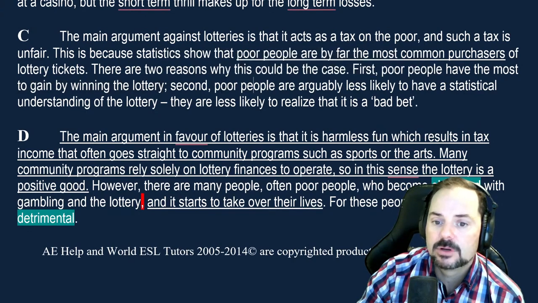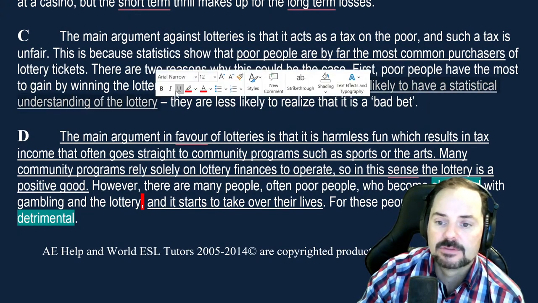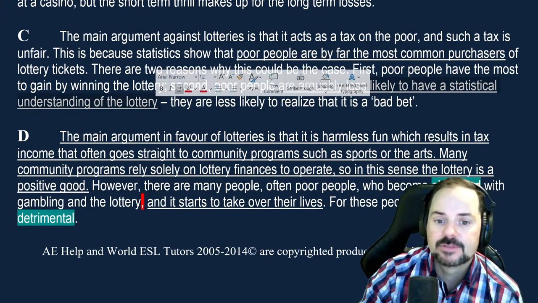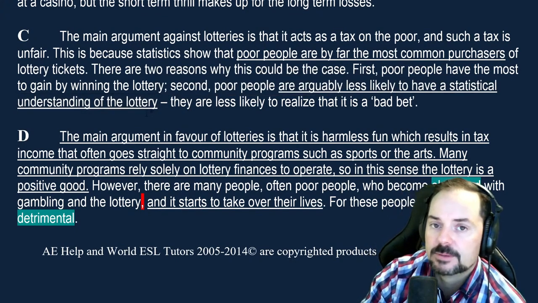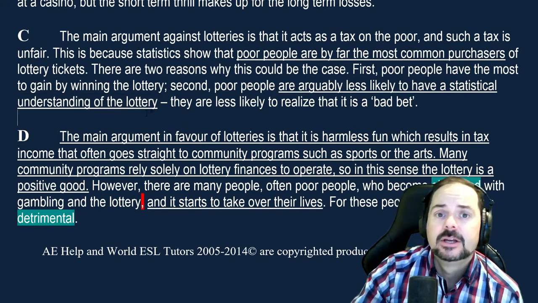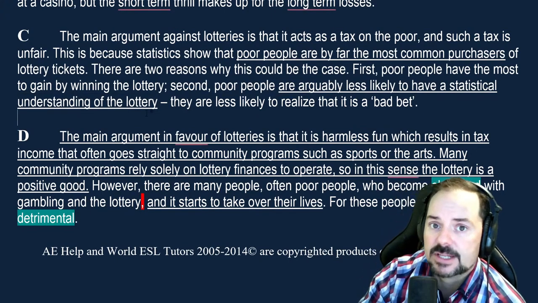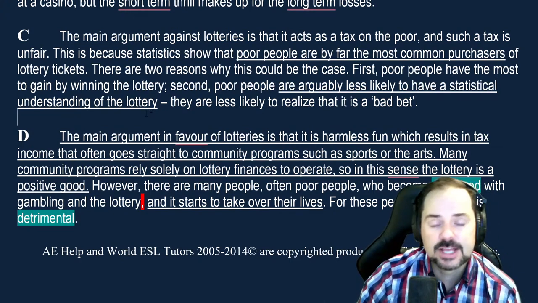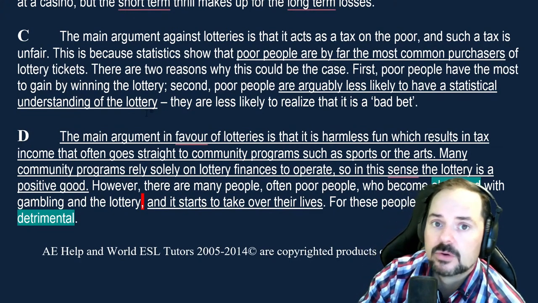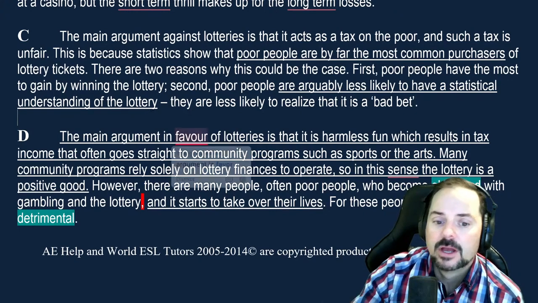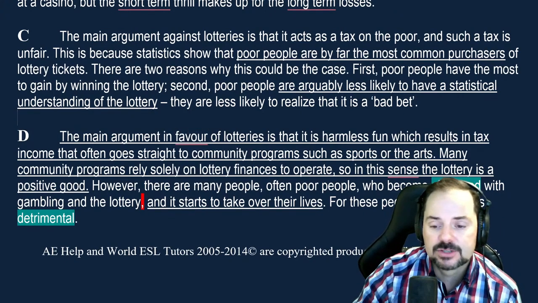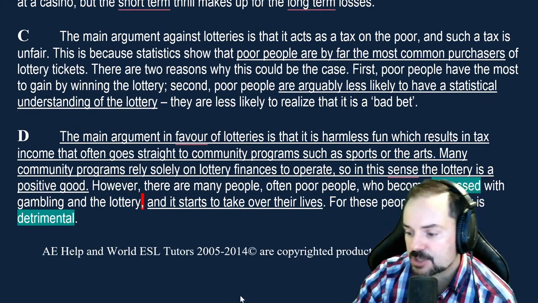Second, poor people are arguably less likely to have a statistical understanding of the lottery. So it tells you the answer there for that true, false, not given. A lot of poor people just do not understand that you can buy 100 lottery tickets each and every day, and the chances of winning are extremely low even then. So the chance of losing money is much higher.